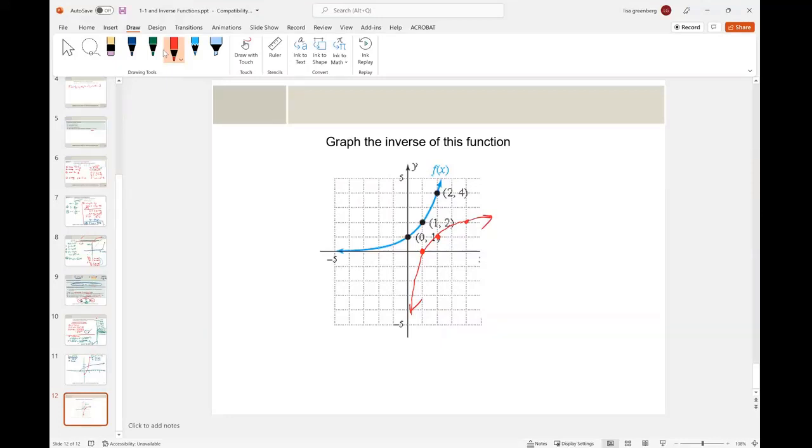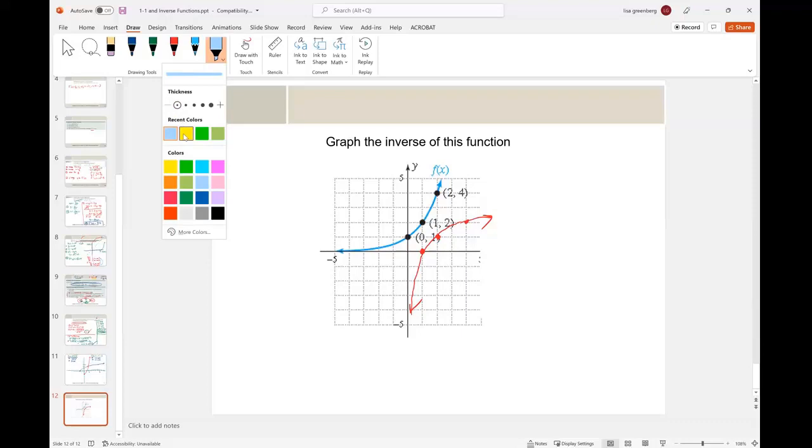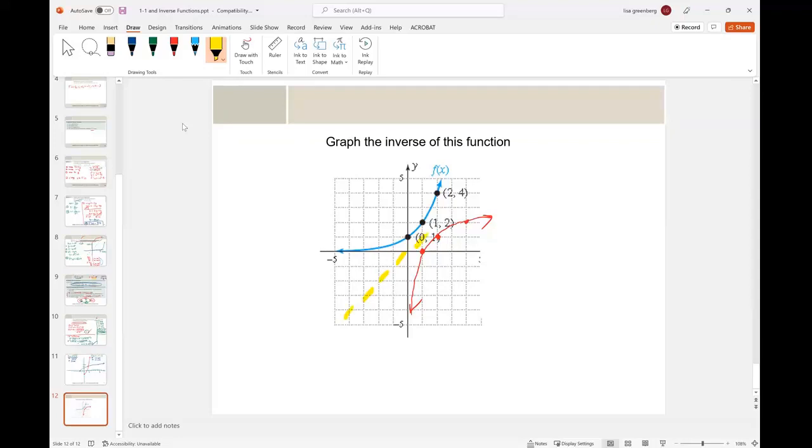And we can see again, let me do it better in this color, that we have the line symmetric along y equals x. This is y equals x. And it does look pretty symmetric. It's nice because I have grid lines, so it made it a lot easier to see. And that's basically one-to-one and inverse functions.